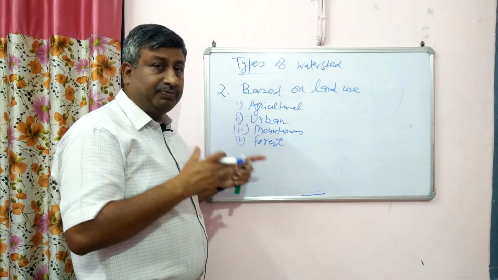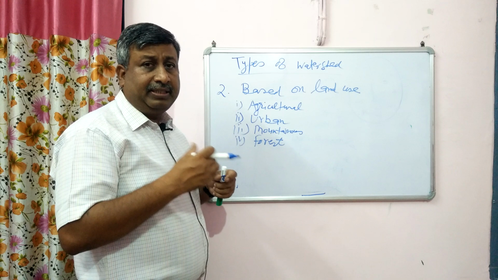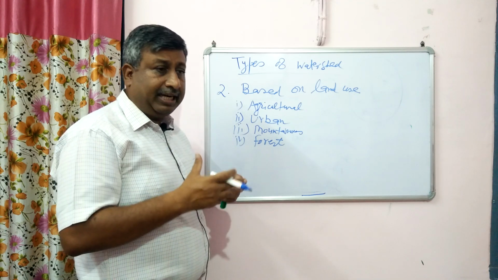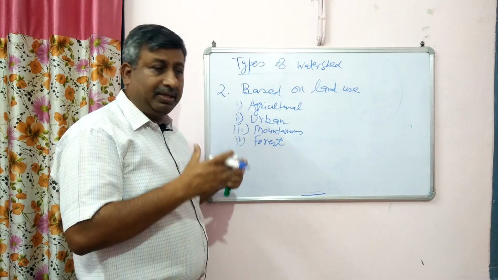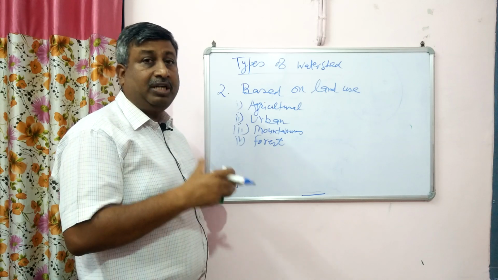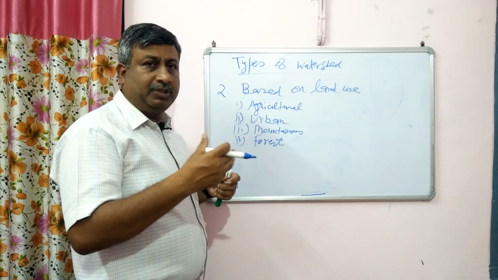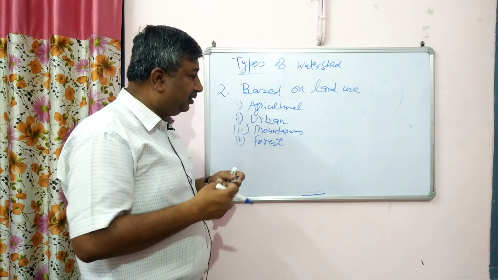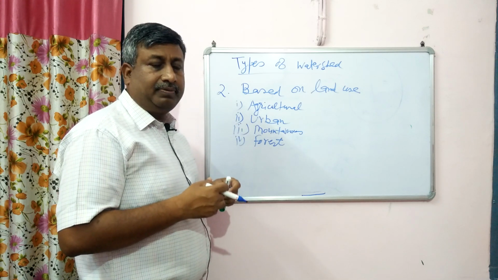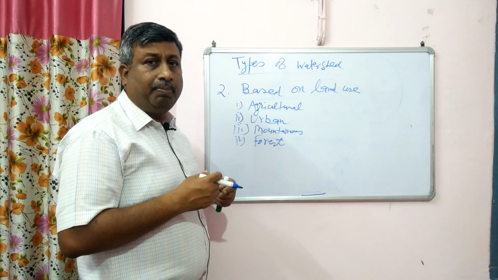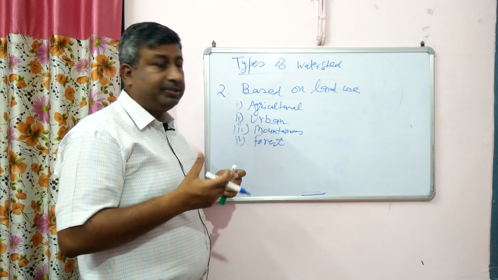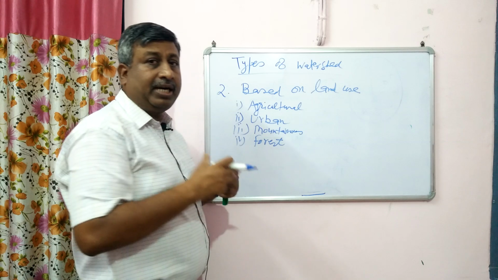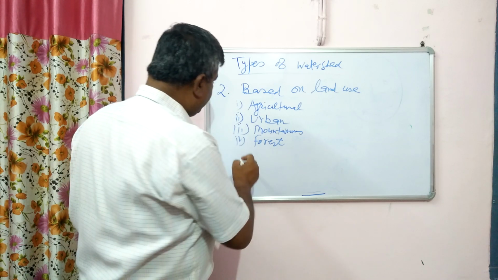So this forest watershed is rich in biodiversity and has very good water holding capacity of soil, rich in organic matter. Soil is fertile, soil is productive. Many plant species, many animal species, many insect species. So these watersheds are rich in biodiversity. So this question may be asked कि किस watershed का क्या characteristic होता है.